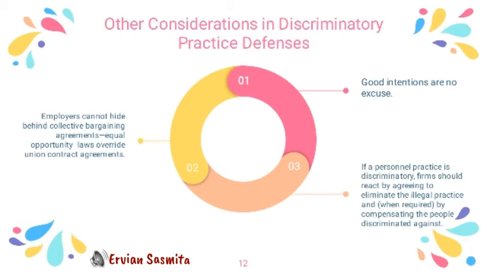If a person practices discrimination, the firm shall act by agreeing to eliminate the illegal practice and, when required, by compensating the people discriminated against.